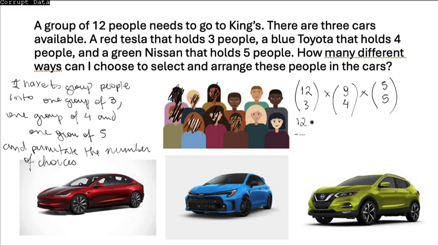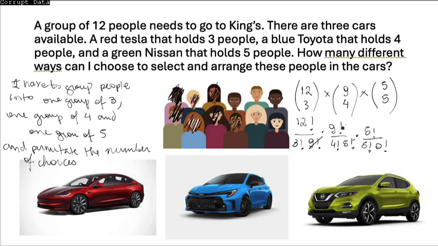Okay. So if you work out these binomials, you will have 12 factorial over 3 factorial times 9 factorial, then 9 factorial over 4 factorial times 9 minus 4 factorial, which is 5 factorial, times 5 factorial over 5 factorial times 0 factorial, which is 1, right?